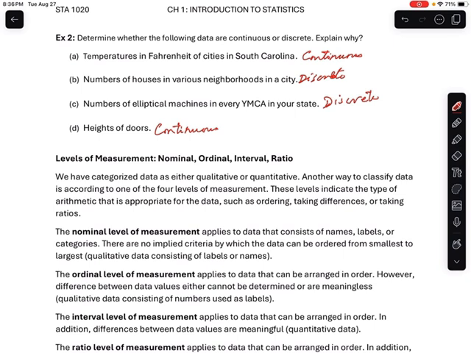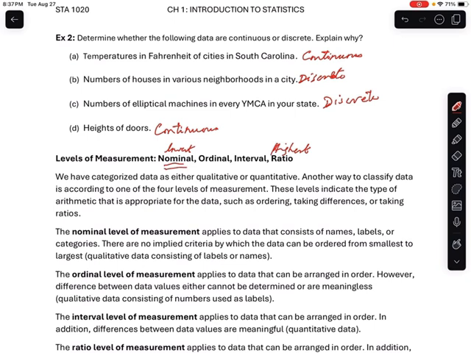So these are the four levels: nominal, ordinal, interval, and ratio. This is the lowest level of data, and this is the highest level of data. They are going in upward order, lowest to highest.